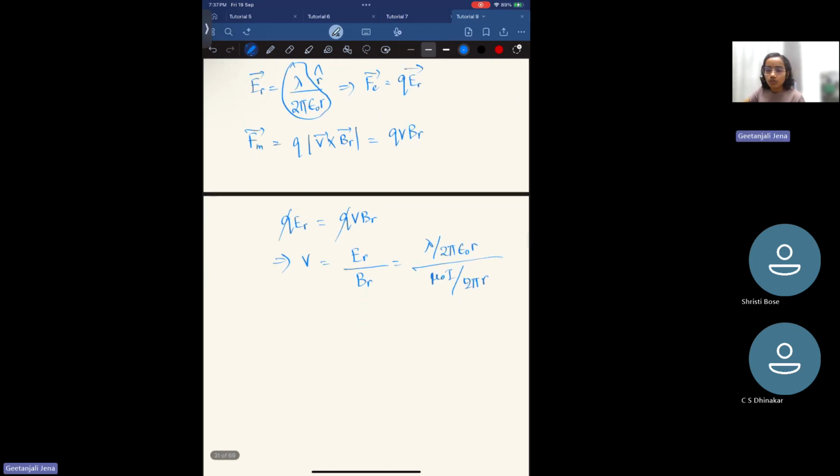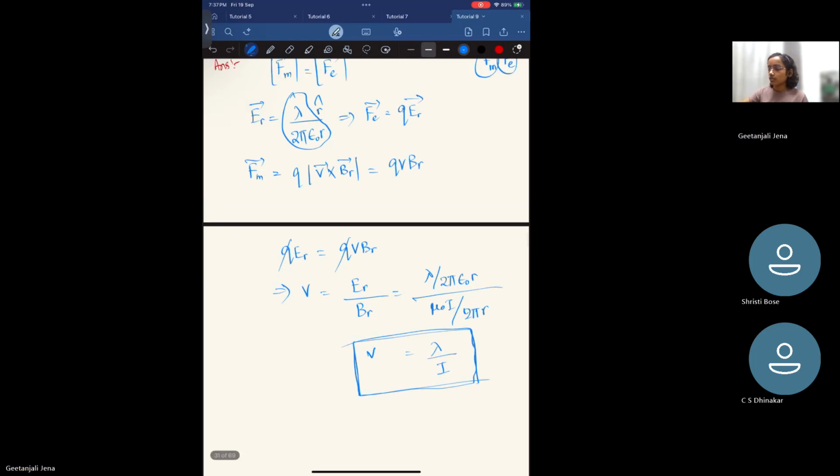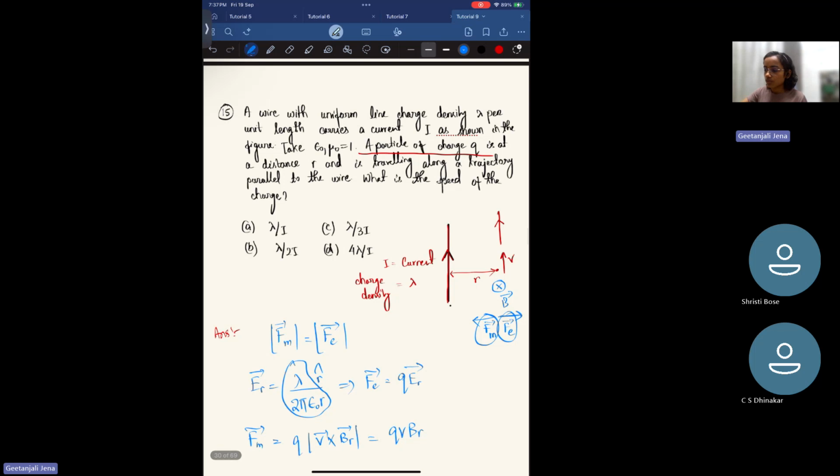We can take mu naught epsilon naught as 1 because it's given in the question. So the answer would be lambda by I. The velocity is related to the linear charge density and the current flowing through it. The answer would be option A.